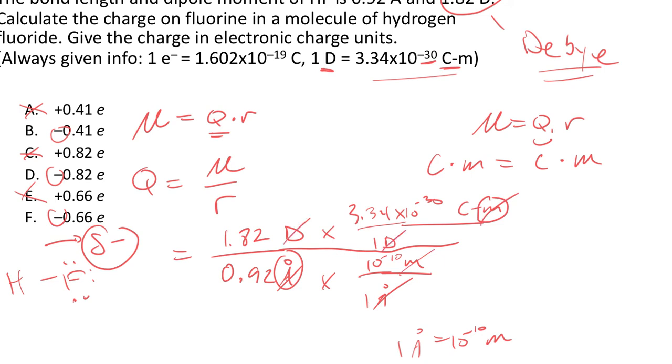My debye unit canceled. And then if I stop and calculate here, I could do the next conversion, but you may not understand why I'm doing the conversion. So let's just calculate it here, get the charge in coulombs, and then think of why we do the next step the way we do it.